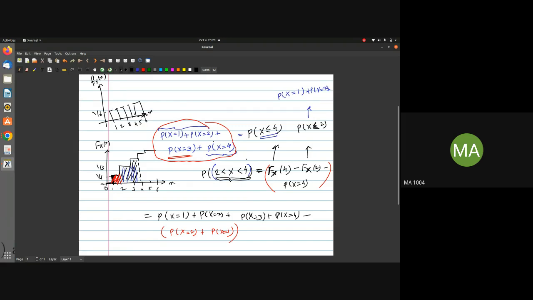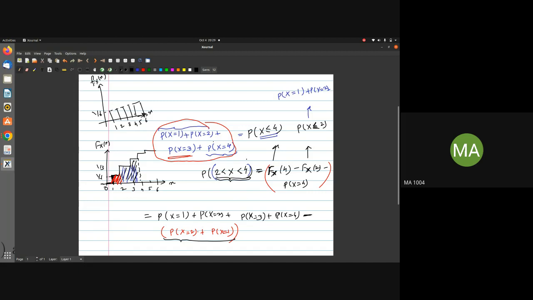Now we wanted the probability that x should be less than 4 and greater than 2. So this is nothing but the probability that x takes a value less than 4 minus the probability that x takes values less than or equal to 2.